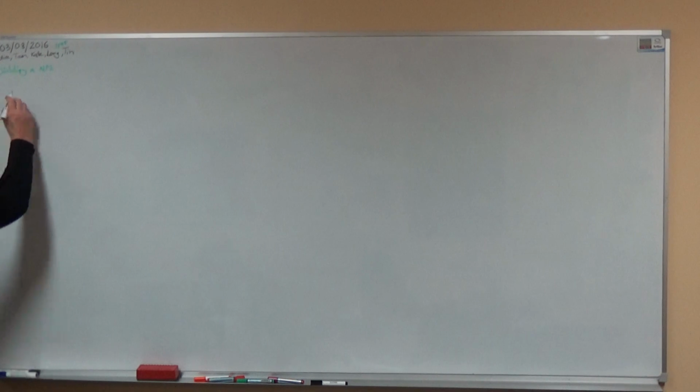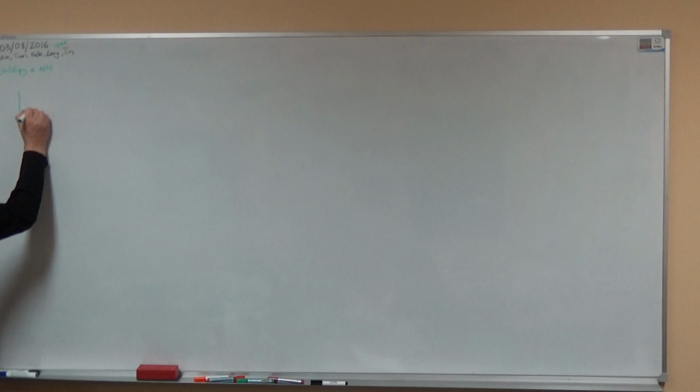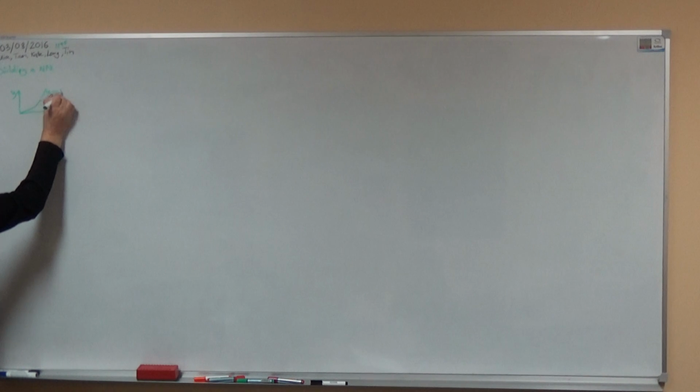Just before we move into the neural network thing, I just want to do one little explanation of something which might come in helpful later on. I've got a function y equals x squared.